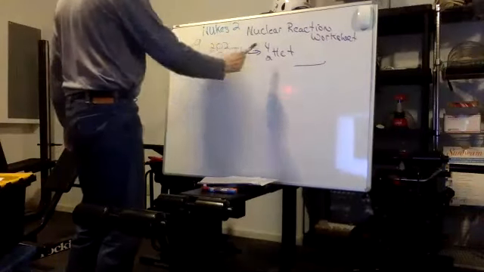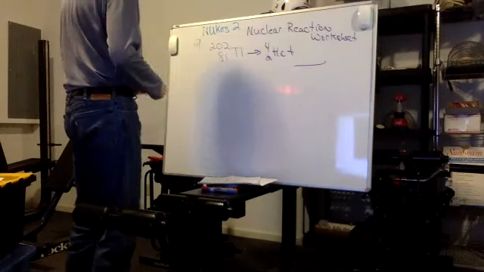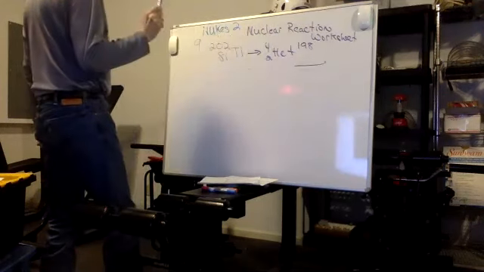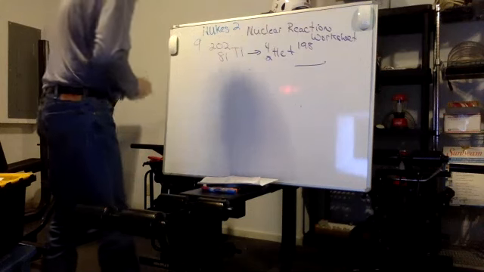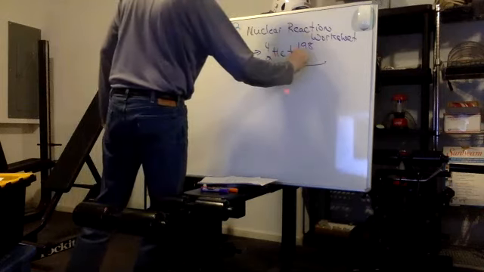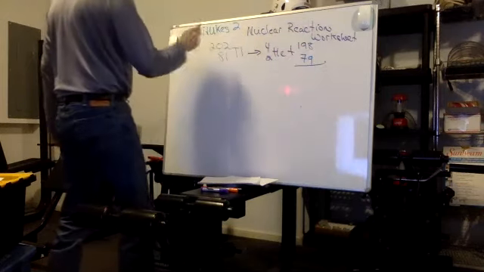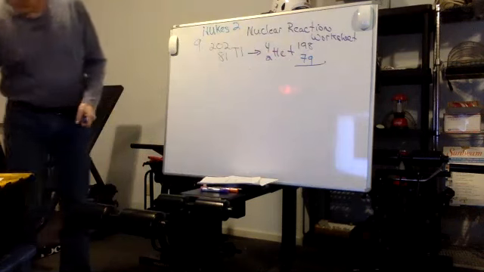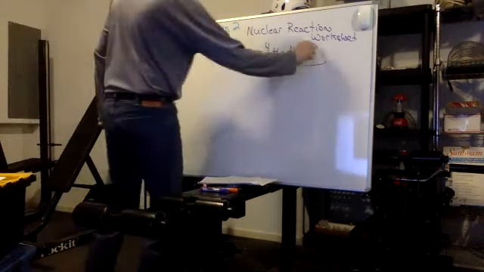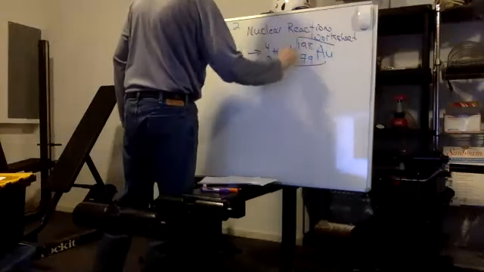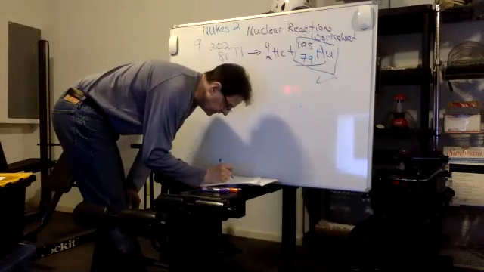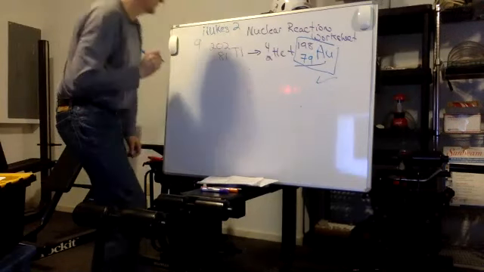So 202 less 4 is going to be 198. And I'm going to have 79 down here. Yep. And a box 79, that's not ringing any bells. Gold. And that is our product after the last alpha decay.